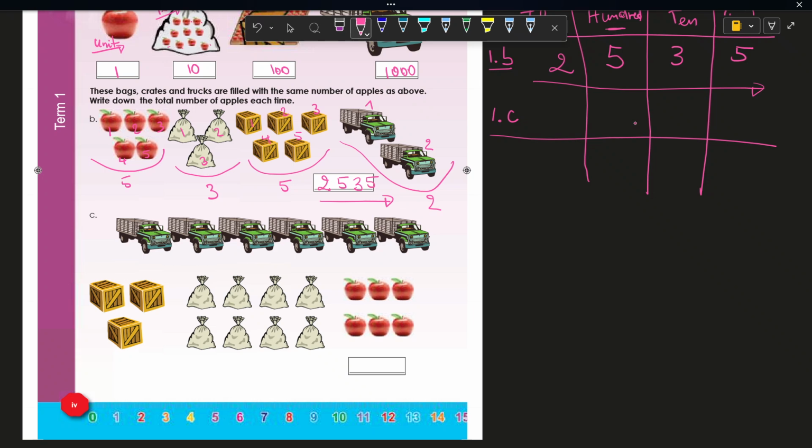Now let's write together. What have I got here? I'm going to start first. I prefer to start with the unit, the single ones, right? So I've got 1, 2, 3, 4, 5, 6. So how many singles one I've got? It's 6.